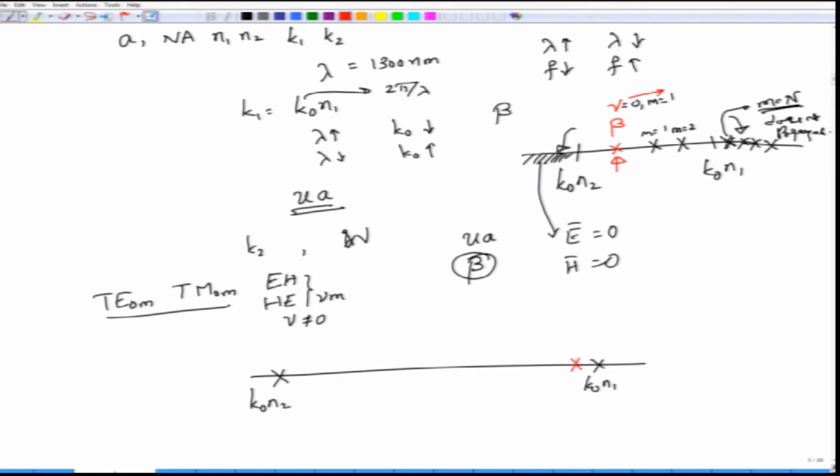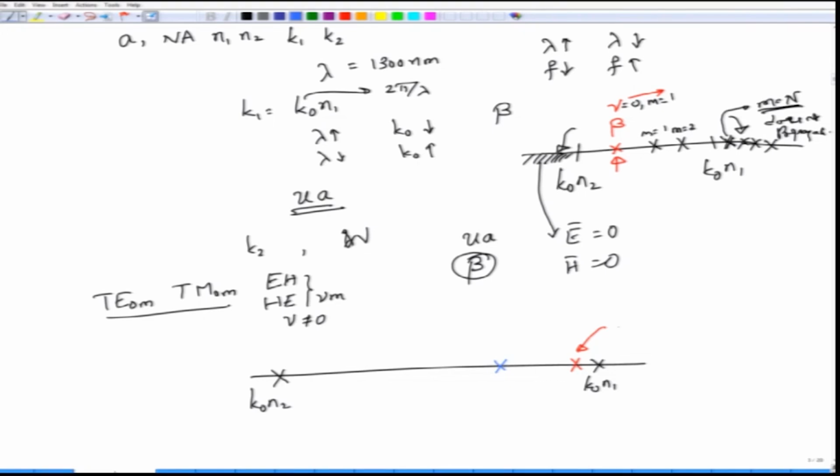So the lowest order mode starts at this point. Whichever mode has a value of beta slightly less than k0n1 begins to propagate. The next mode that will propagate with a different combination of nu and m will be called the first higher order mode.